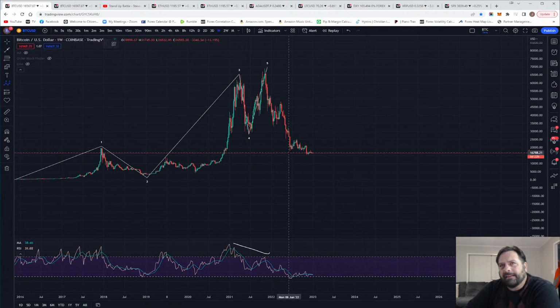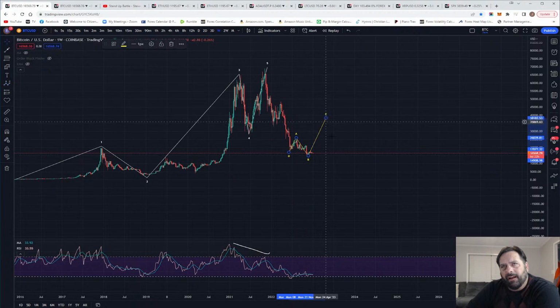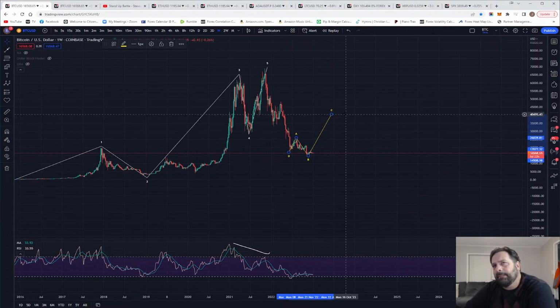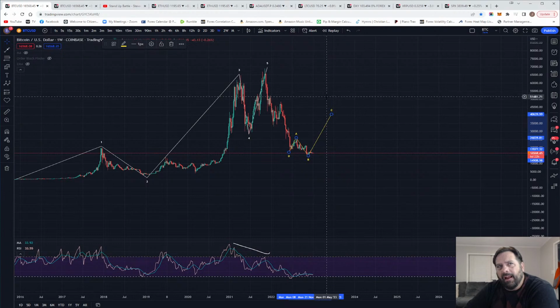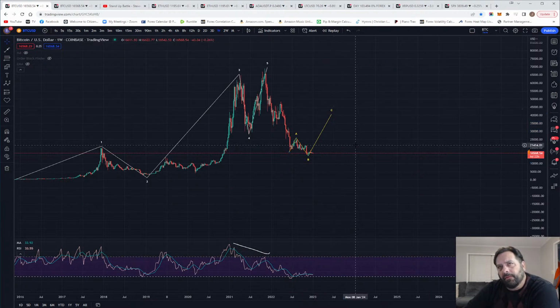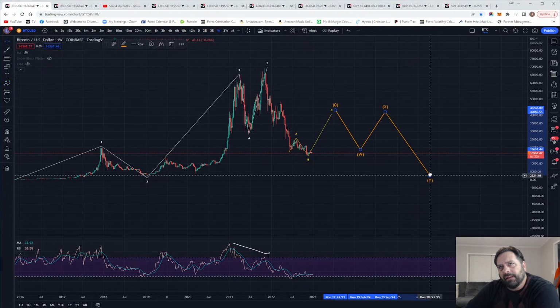What I would expect to see here is basically a flat correction back to the upside. We're going to get kind of steep here, and then it'll come down in 3 more waves, some kind of 3-wave fashion, WXY or ABC or something like that.